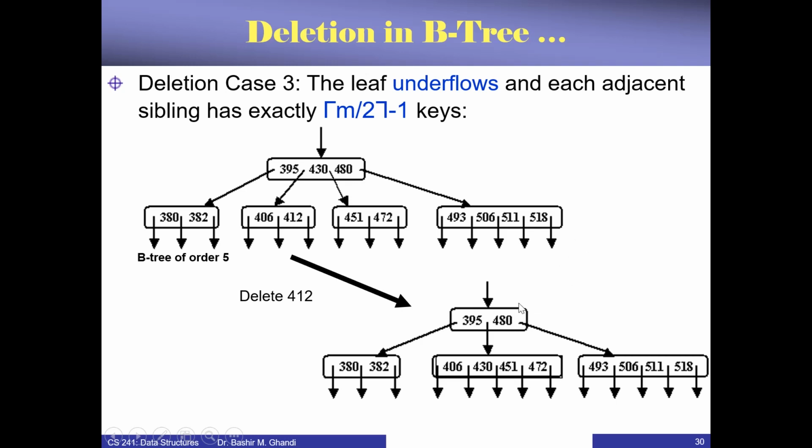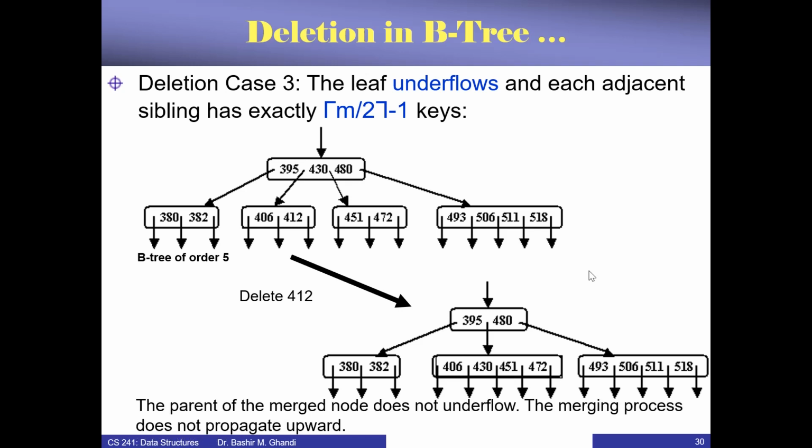The merge will stop here. But suppose after the merge, the parent reduced to 1, then you have to solve that problem. First, by attempting to see if it has a sibling that you can borrow from, or in the worst case, you have to again merge. Of course, if it is the root, it is allowed to have 1 key, so nothing to do. But if it is not the root node, then you have to solve the problem as well. So this is our first example.